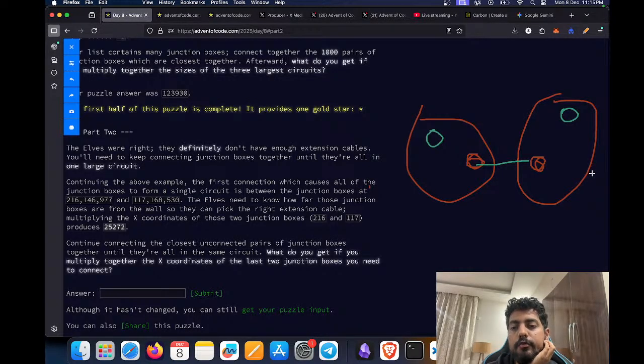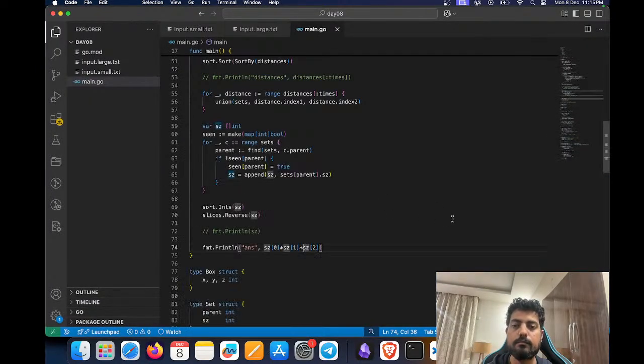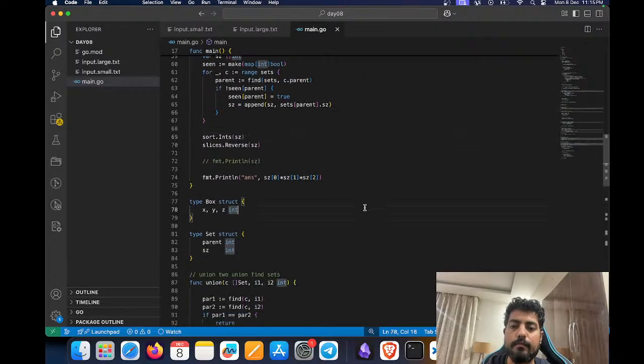So basically, how do we make sure that we have a single parent available? So we need to count the number of distinct parents in each run. Okay. So this thing is okay. This is the answer for part 1.